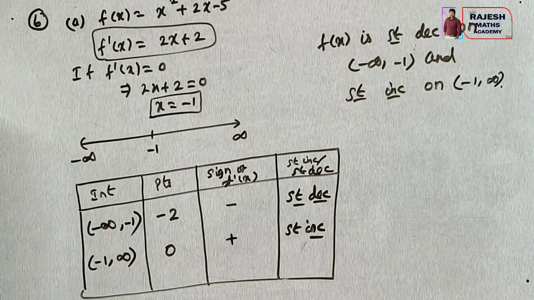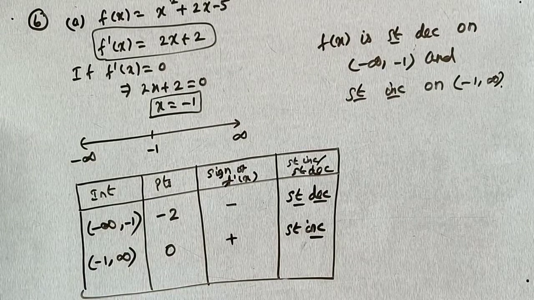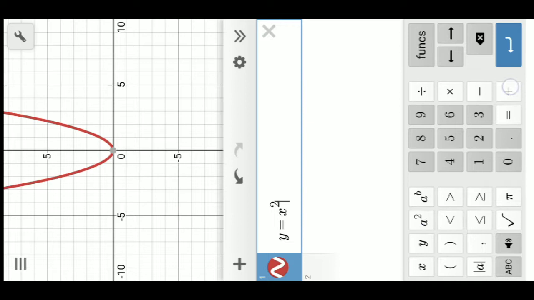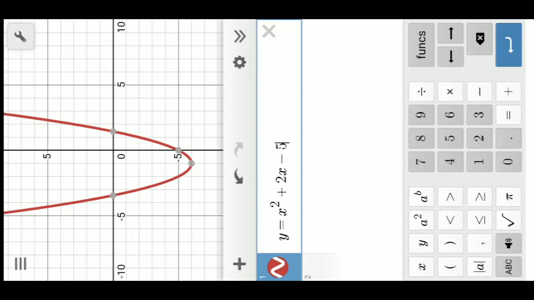Now we will see the graph. What is the graph given here? We can take it as y equal to x square plus 2x minus 5. So this is the graph here.